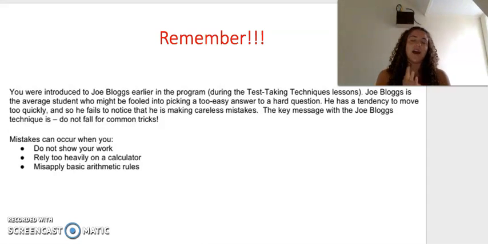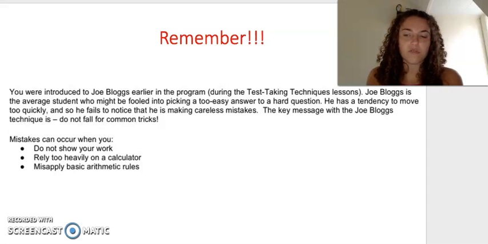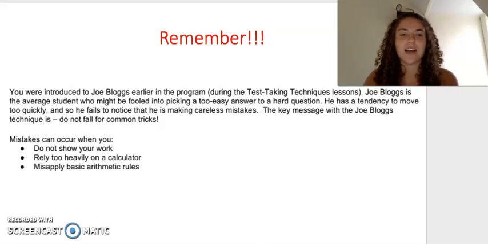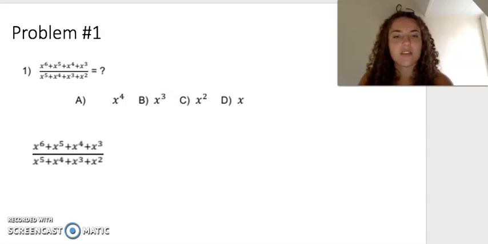If you have it there, you want to use it to check and confirm with yourself, but sometimes that can mess you up. Trust yourself to know what the right answer is, but also make sure that you're putting in the work, and just remember your basic arithmetic rules. So with that, let's move into a couple of problems.